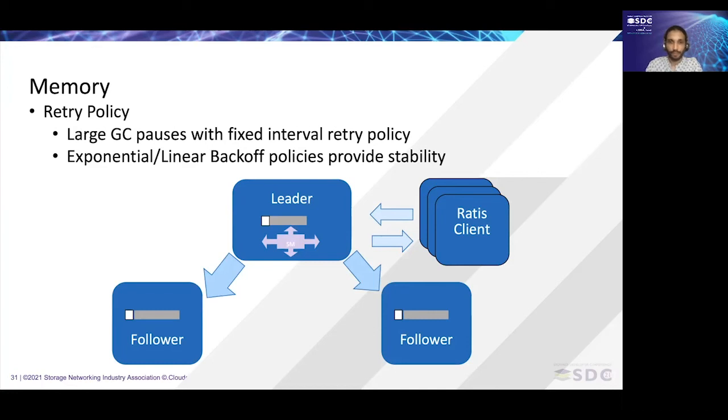Also, any data node leader would have a limit on the pending data writes. And this limit is usually around 1 GB. So any request which is exceeding this limit would be automatically failed by the leader data node. With the fixed retry policy, we were seeing a lot of GC pressure on the leader data node. With the default configuration of around a 3-second wait interval, the client, on seeing a failure, would retry.